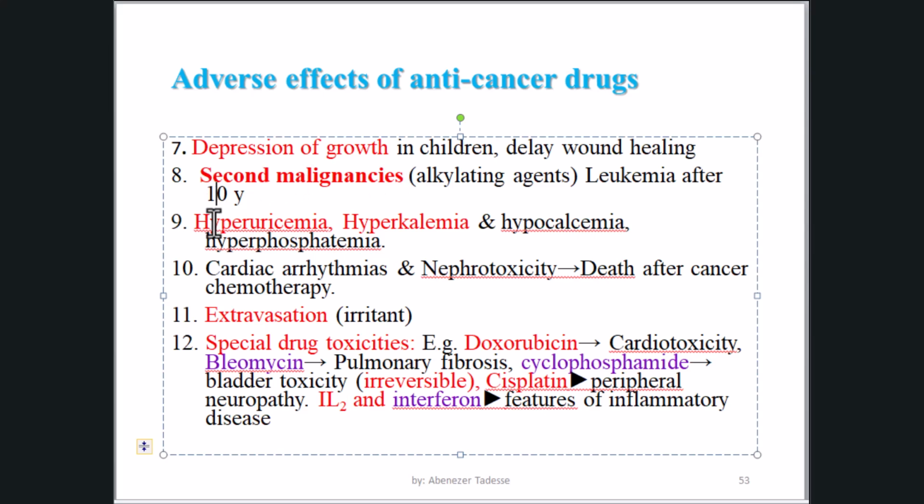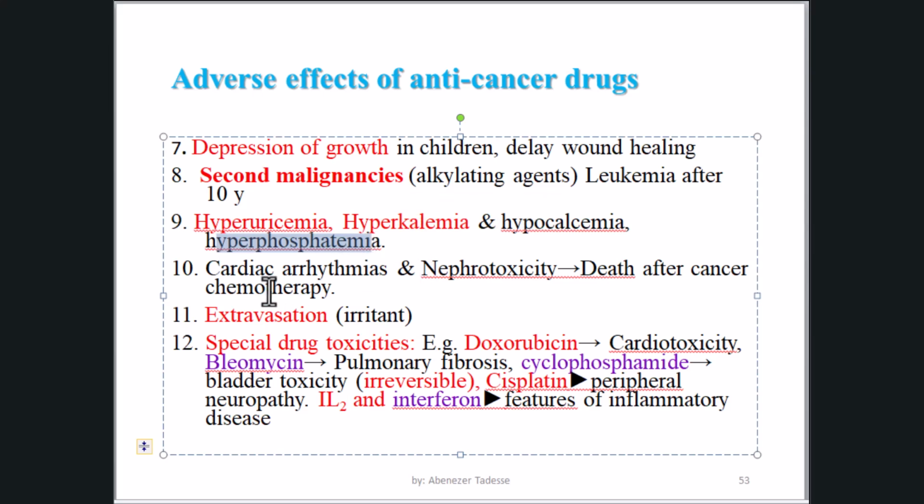The other one is hyperuricemia, as we discussed about 6-mercaptopurine. They can increase uric acid level, so this increases gout risk. And hypokalemia and hyperphosphatemia are among different side effects associated with the use of chemotherapeutic agents.